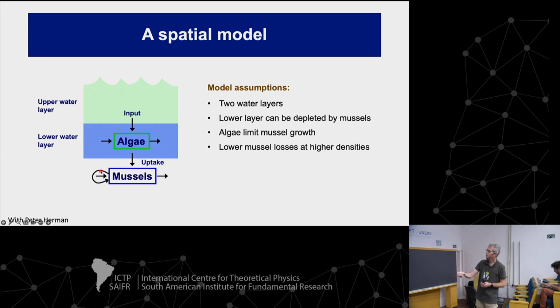That becomes mussels. The mussels self-facilitate, lowering each other's mortality. There's of course an upper water layer that can replenish the lower water layer. And of course the water flows, and the mussels move a little bit. I will show you tomorrow lots of examples of moving mussels. They move a little bit, but they're still animals, and they don't go as fast as the water. So there's a difference between the flow rate and the movement rate of these two.